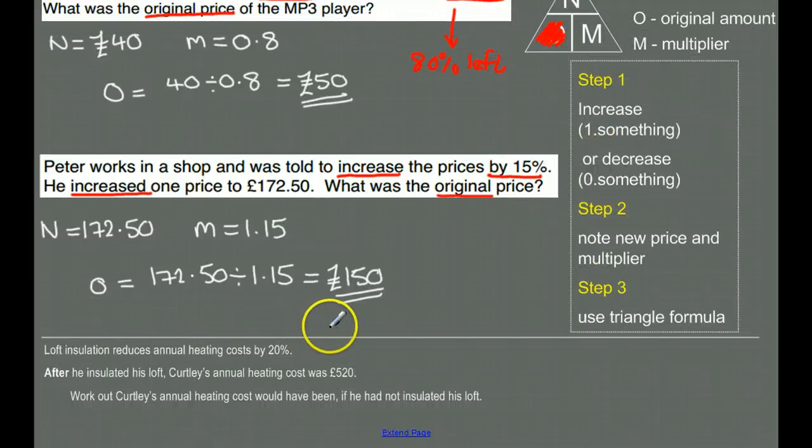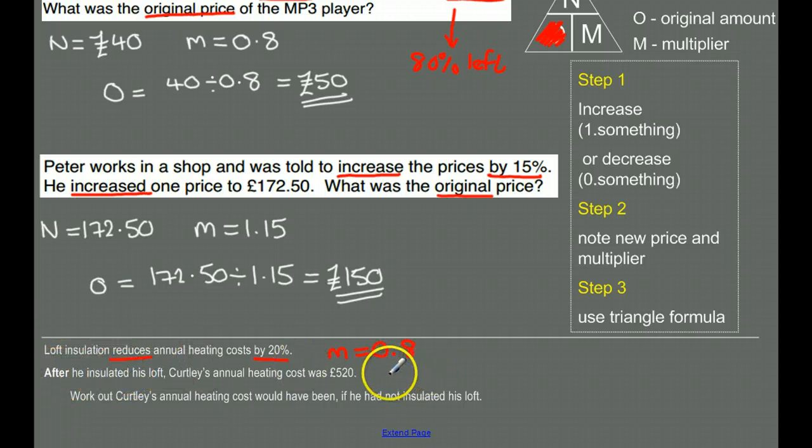Got one more question at the bottom you can have a look at. So loft insulation reduces, there's our first key, so we've got a decrease, and a decrease by 20%. So my multiplier is 0.8.